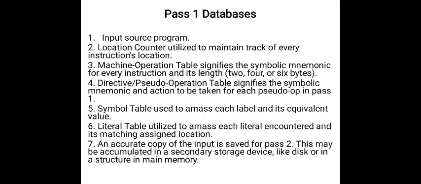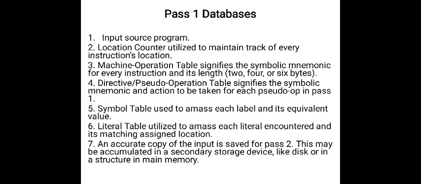Another important thing is the POT, the pseudo operation table, which signifies the symbolic mnemonic and the action to be taken for each pseudo op in our pass 1. Along with the MOT and POT, we need the ST, the symbol table, which is used to store each label and its equivalent value.